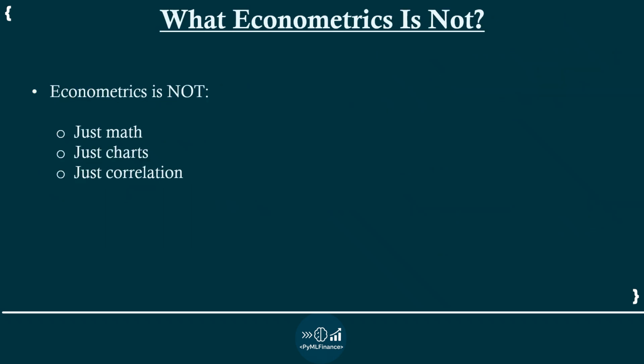Now many beginners think econometrics is just about maths, but actually it is not. Econometrics is not about writing equations all day. It's also not just about drawing charts and looking at patterns daily. And it's definitely not just correlation.